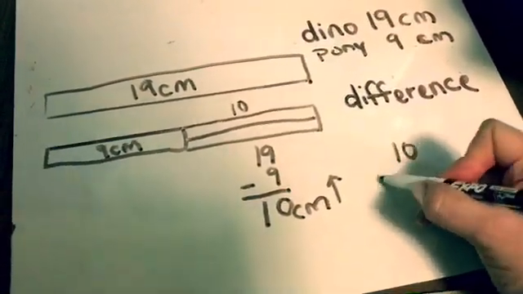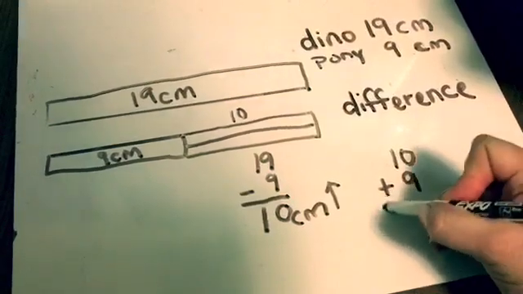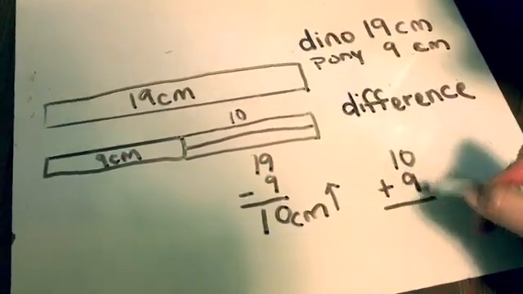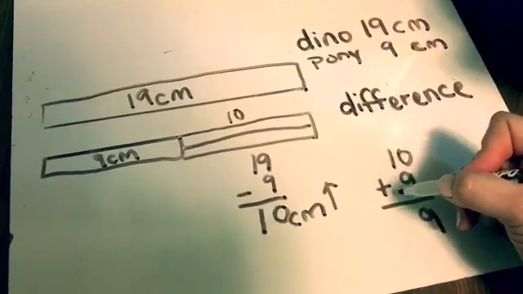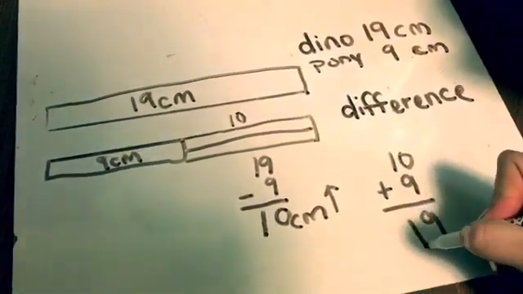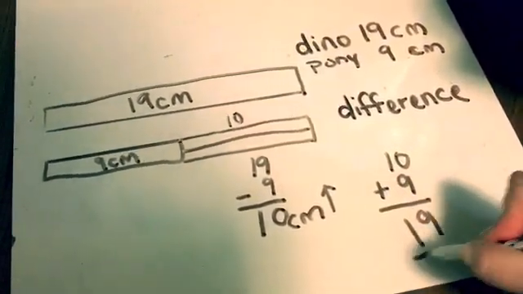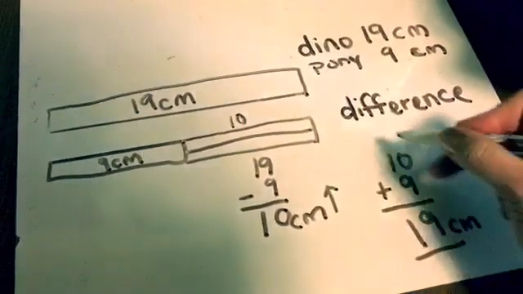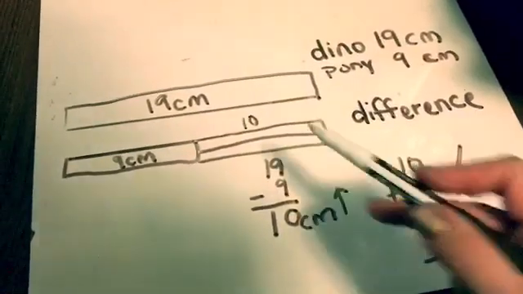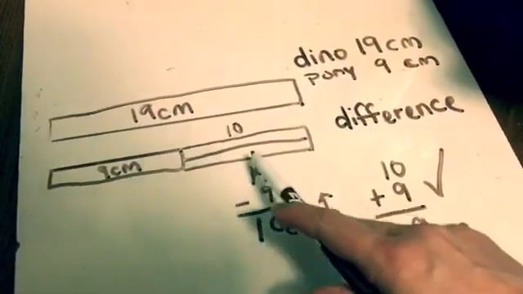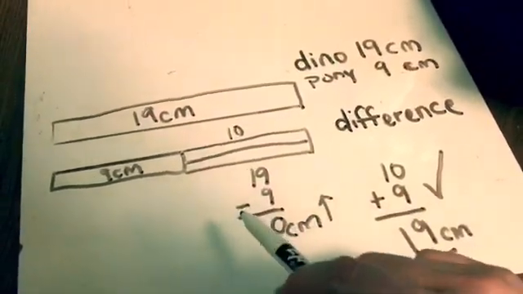So let's do 10 plus 9 centimeters. Let's do the ones column first. 0 plus 9 is 9, and 1 plus no other tens is still 1 ten. Okay, so we have 19 centimeters, and this is just checking our answer. So did we get it right? Yes, because 9 plus 10 is 19.